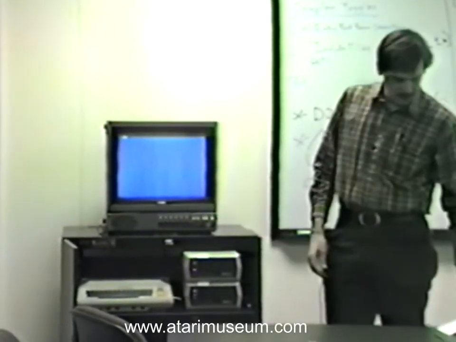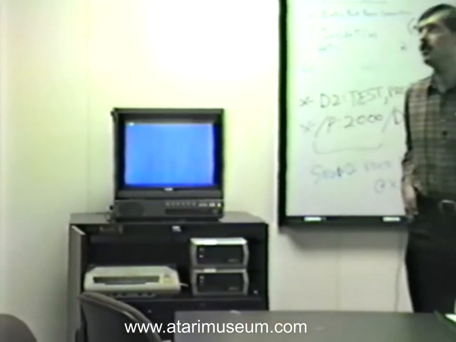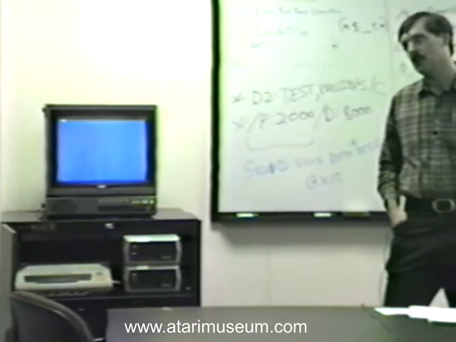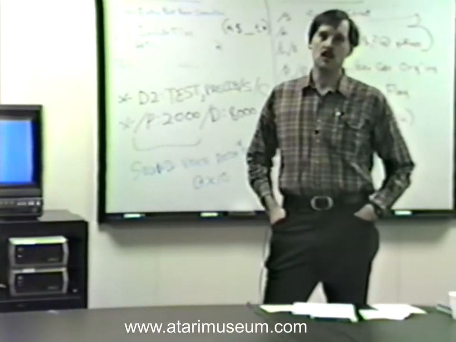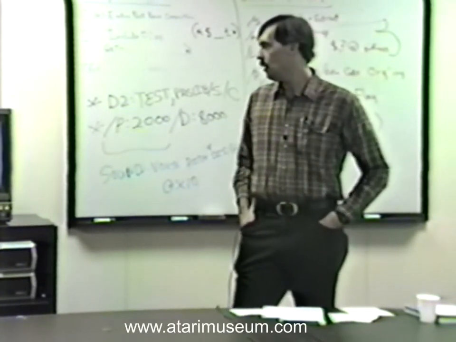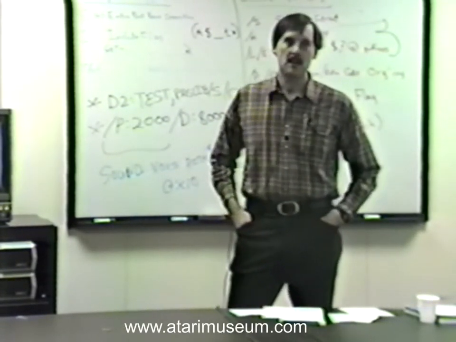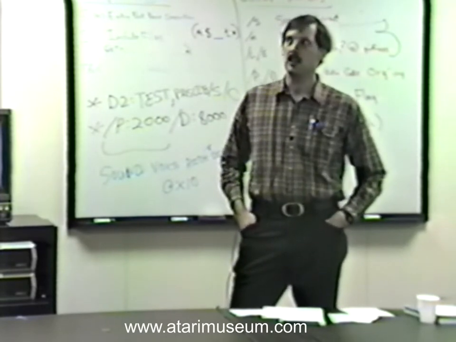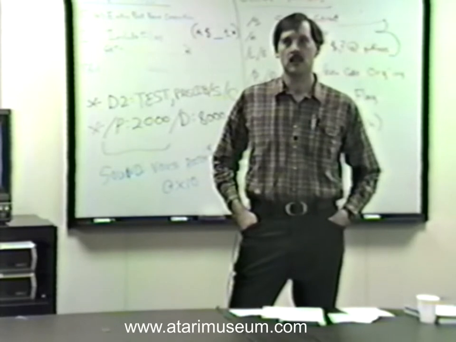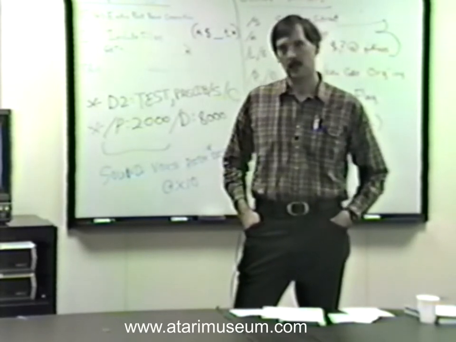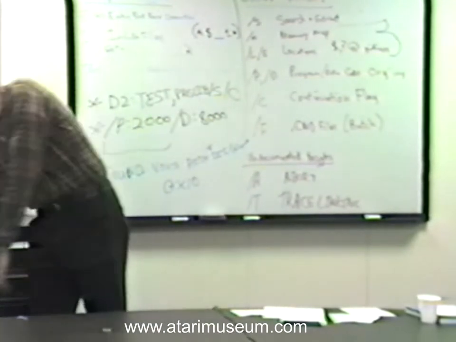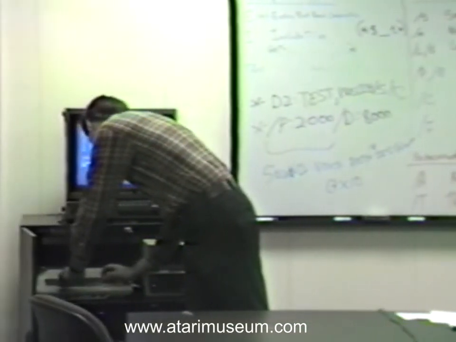What I'm going to show you is a program that is an example from De Re Atari that illustrates using a display list interrupt. And what I've done is I've written a small Pascal program that effectively pokes in a machine language routine that creates a display list interrupt on the screen. Let me load it in here and we can continue.